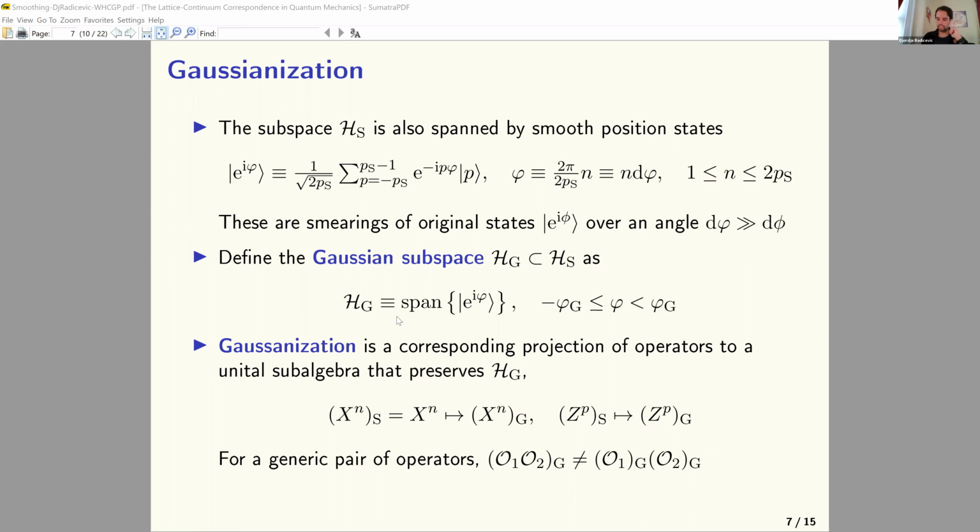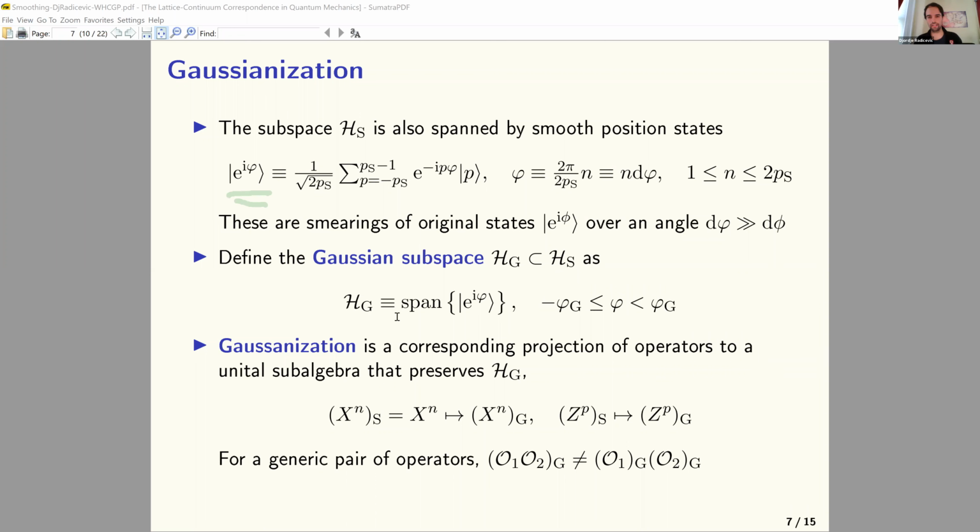Next, I can do a second restriction, which I will call Gaussianization. A bit of a maybe unfortunate name, but I think it has its uses. So the smooth subspace, I can also choose a different basis for it. I can choose a basis of smooth position states, which are defined as you see here.